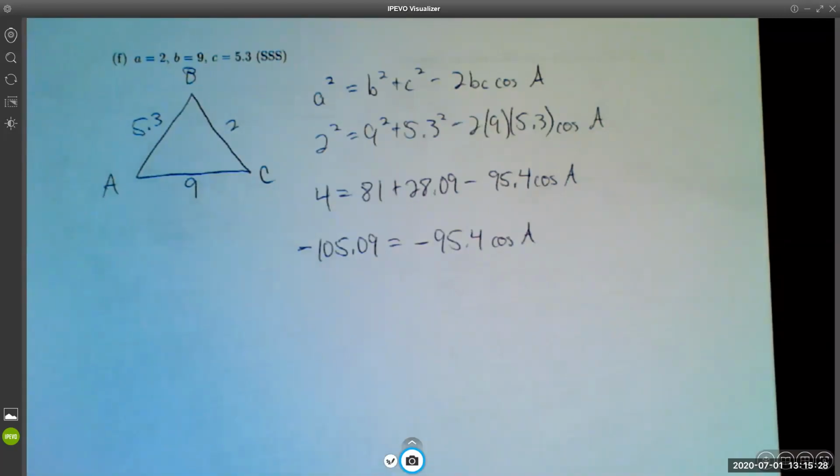I'm getting something strange here. Hold on a second. 2 times 9 times 5.3 and 4 minus.